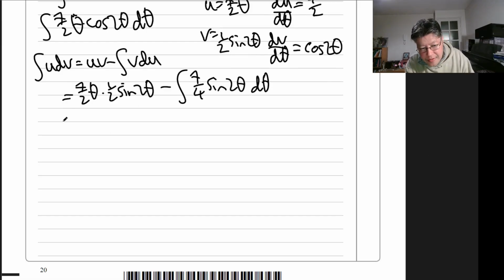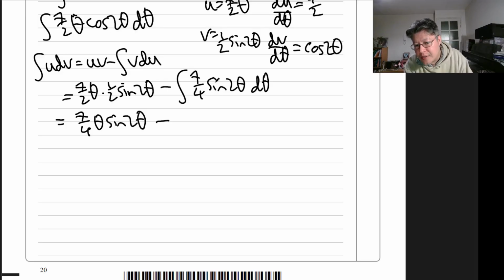So we'll simplify this term. That gives us 7 over 4 theta sine 2 theta minus this integral here. So sine 2 theta becomes a negative cos. So we'll change that to a plus because minus minus is a plus. And we have to divide by the 2. So that gives us 7 over 8 cos 2 theta. And we'll ignore the plus c because it is definite integration.